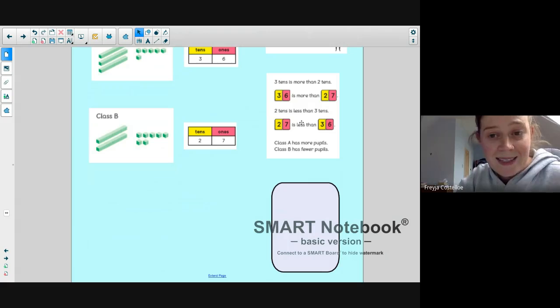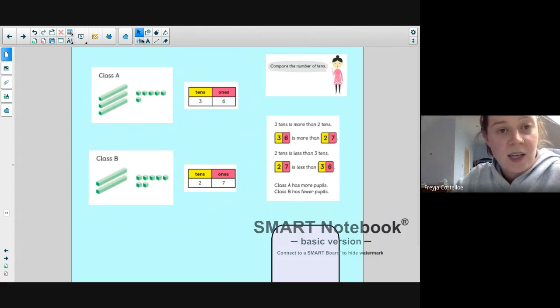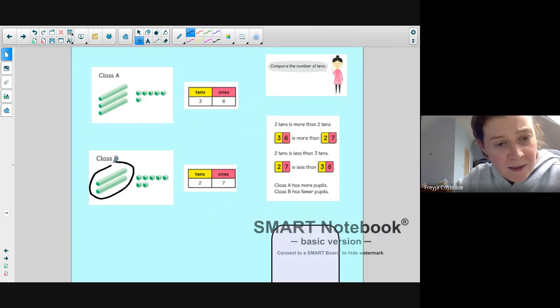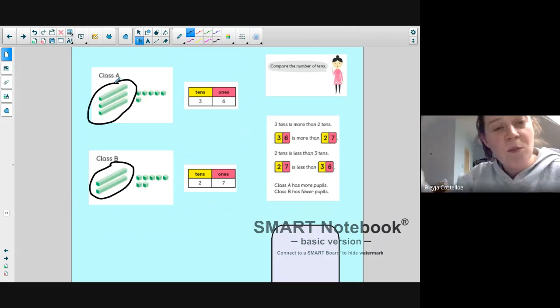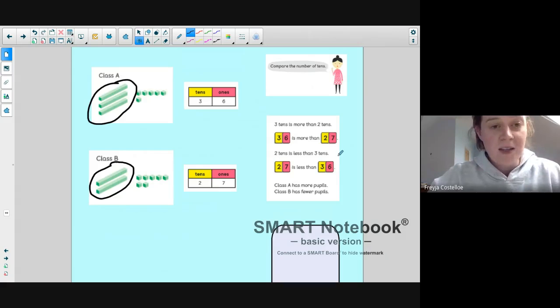2 tens is less than 3 tens. Do you agree with that? 2 tens here is less than 3 tens. It's a smaller amount. Do you agree? I hope you're nodding because you would be right. We know that, don't we? So 27 is less than 36. So which class has got the most pupils in it?